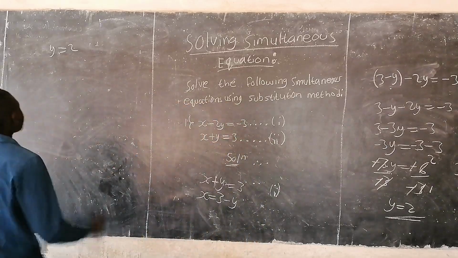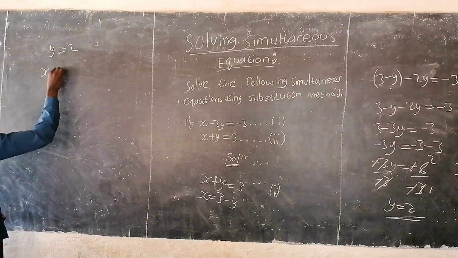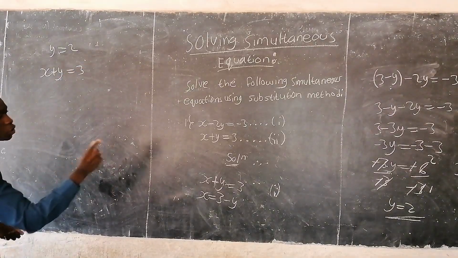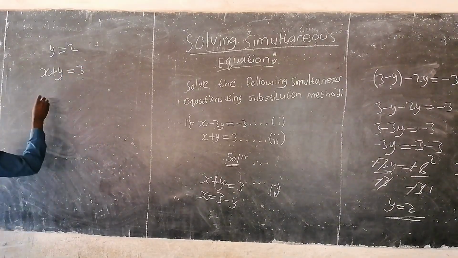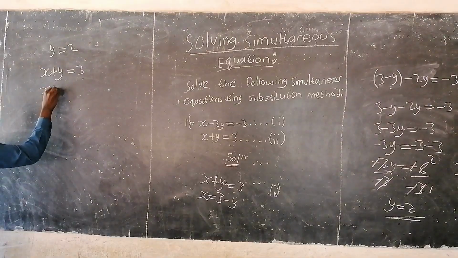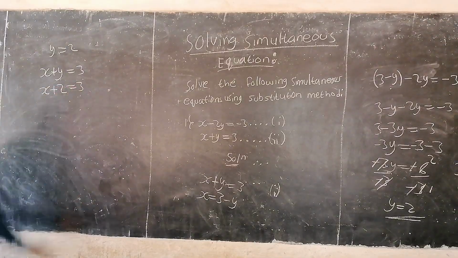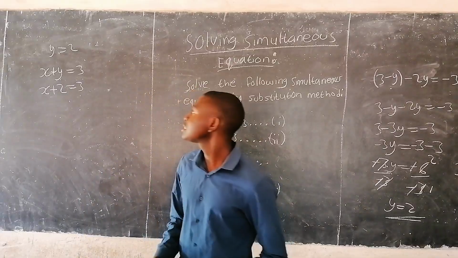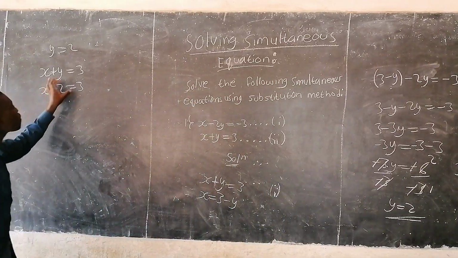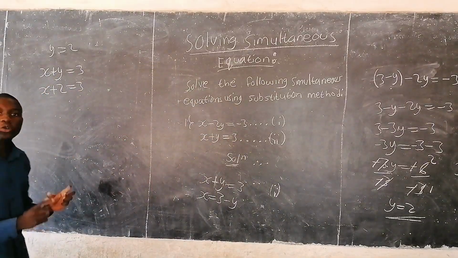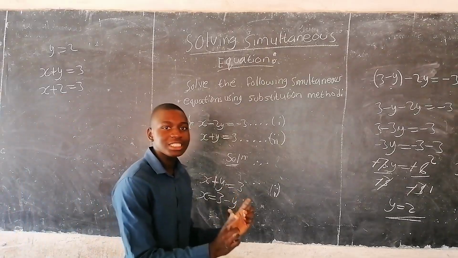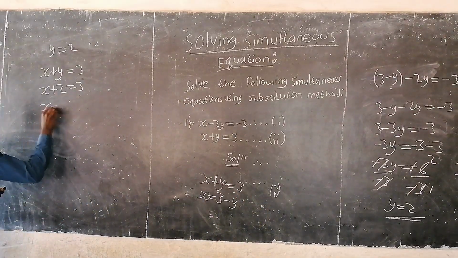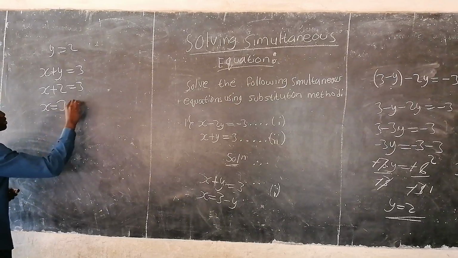So we have x plus y is equal to 3, and we'll substitute 2 where there is y. So we'll be left with x plus 2 is equal to 3. For us to find the value of x, we'll take 2 across the equal sign, which will make 2 change its sign, and we'll be left with x is equal to 3 minus 2.